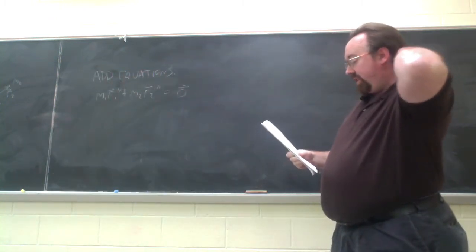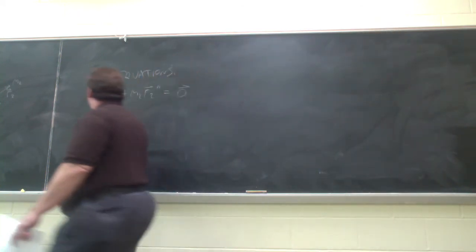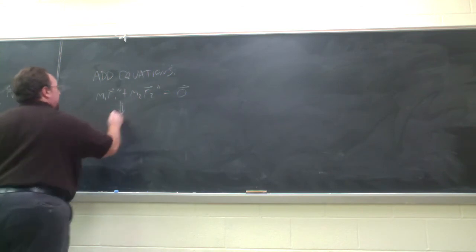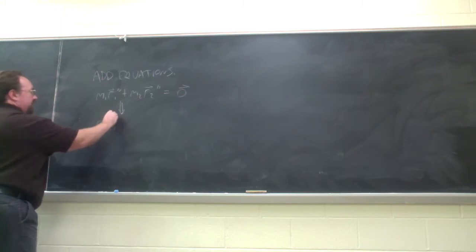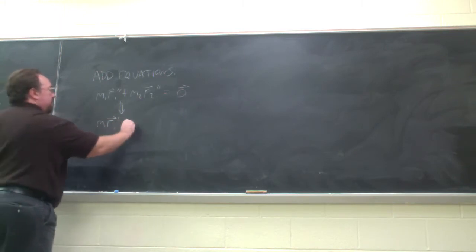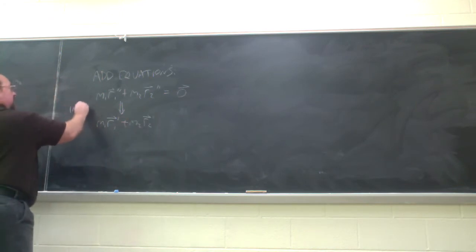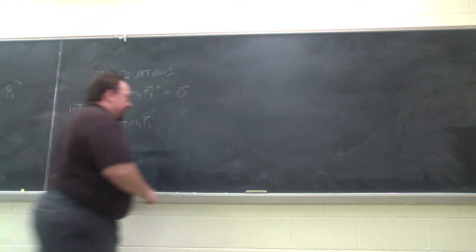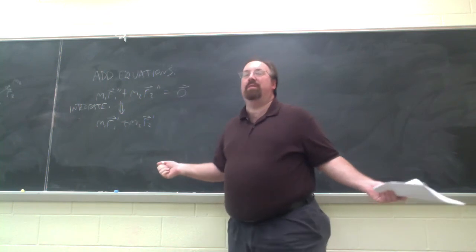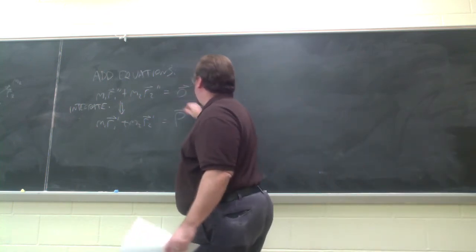Now, if we go ahead and integrate both sides, M1 and M2 are constants, so the only thing interesting about the integration is that now you have R1 prime and R2 prime. And what happens when you integrate 0? It's a constant. In this case, it'll be a constant vector called p.